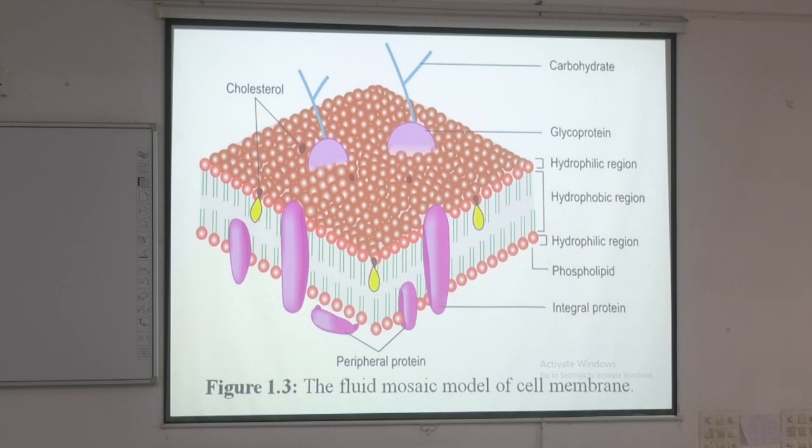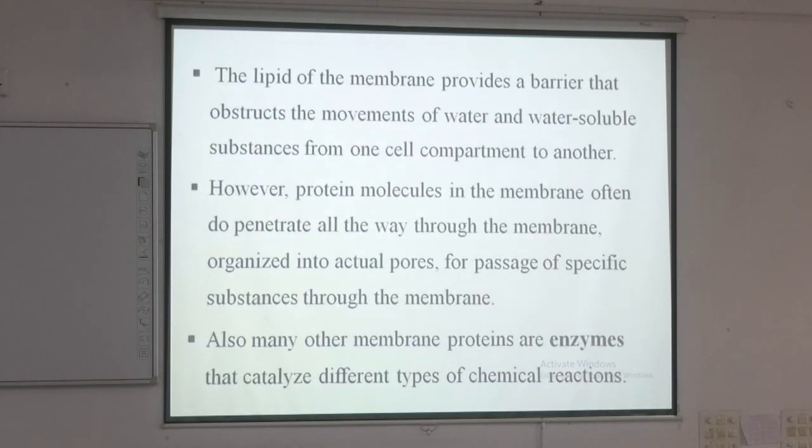This is generally an important diagram, and when the question is asked in your exam, you will make this diagram. It contains cholesterol molecules, carbohydrates, glycoproteins, which are conjugated proteins containing carbohydrate moieties, phospholipids and integral proteins.